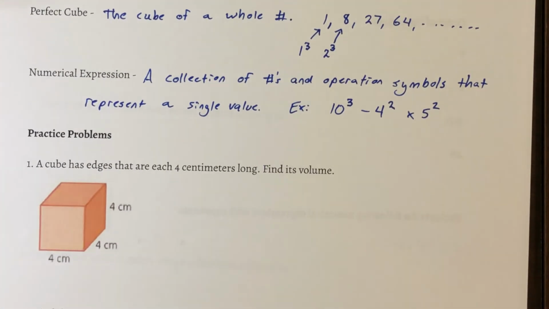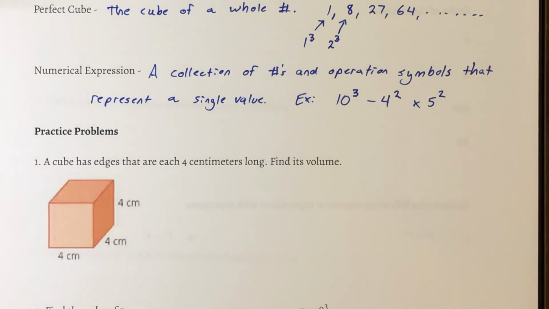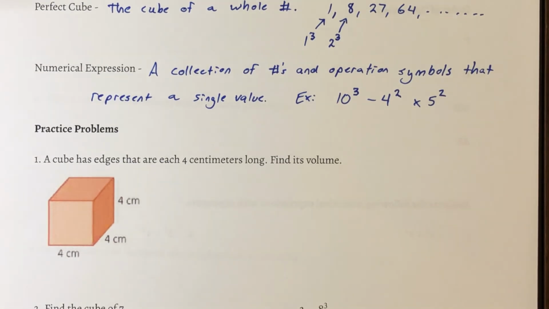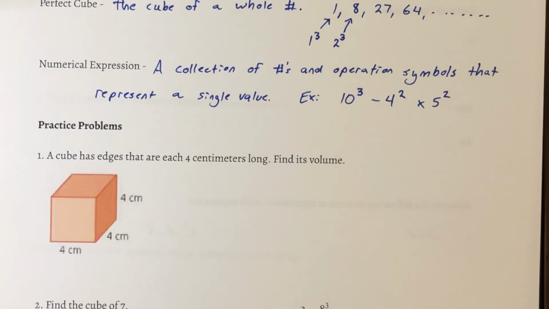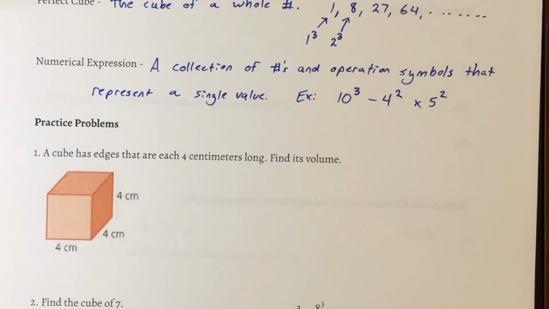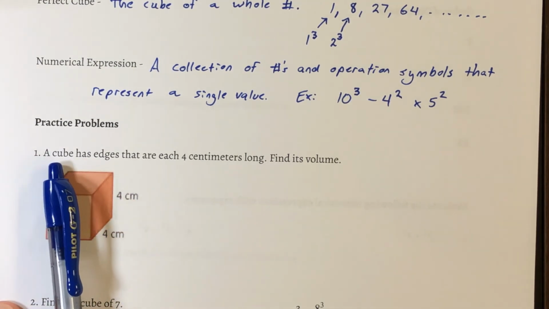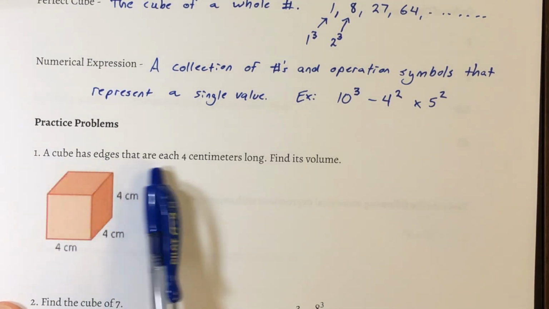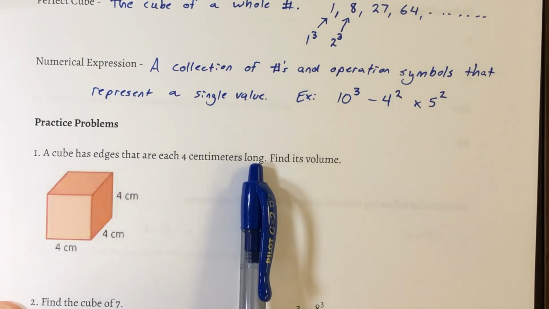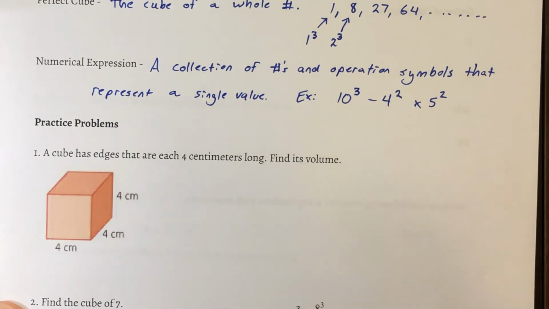Okay, let's discuss cubes first. So our first problem is about finding volume. Volume is a very common use for cubing numbers. So in our first example, we have a cube. It has edges that are each 4 centimeters long. And we're going to find its volume. Now, what is volume?